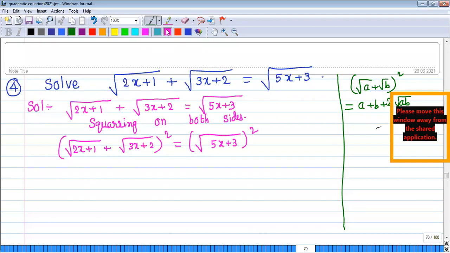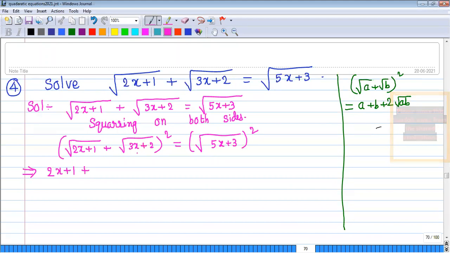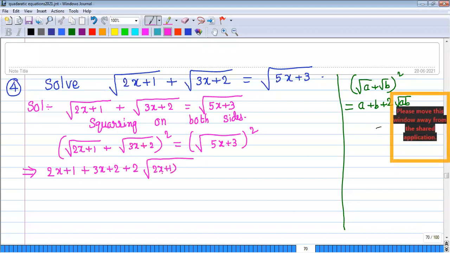So using this concept, root a whole square gives 2x plus 1, plus root b whole square, 3x plus 2, plus 2 root of 2x plus 1 into 3x plus 2, equals root of 5x plus 3 whole square, which is 5x plus 3.